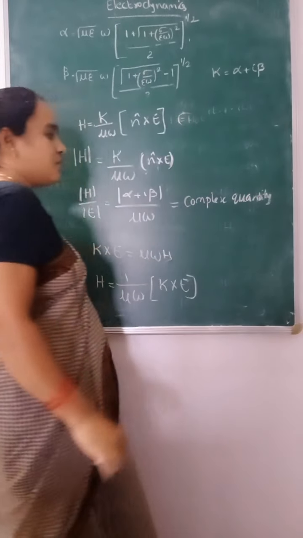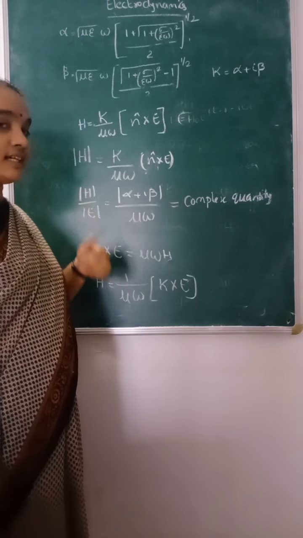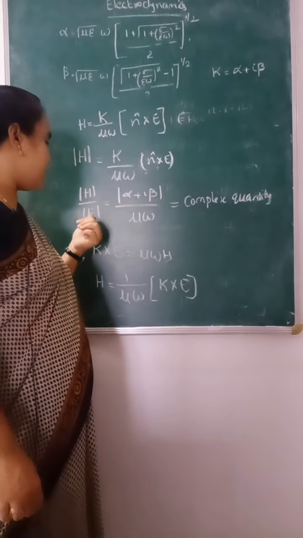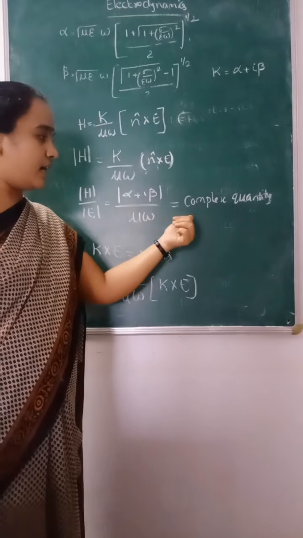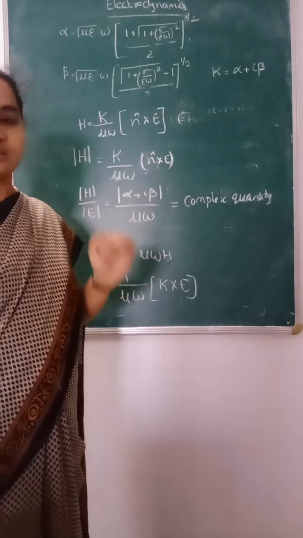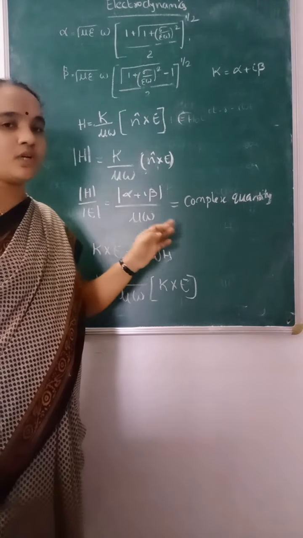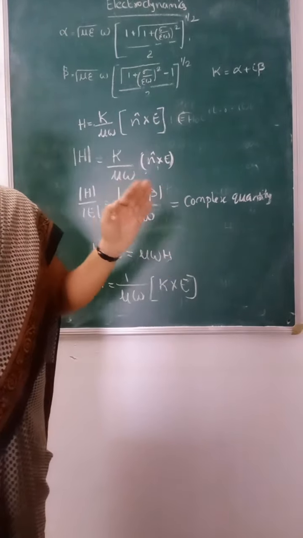If the ratio of E and H is real, then E and H are in phase. Since here the ratio is complex, they are out of phase. So the field vectors E and H are out of phase in a conductor.